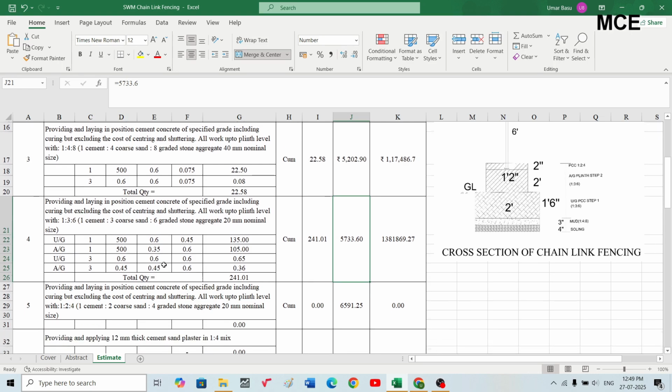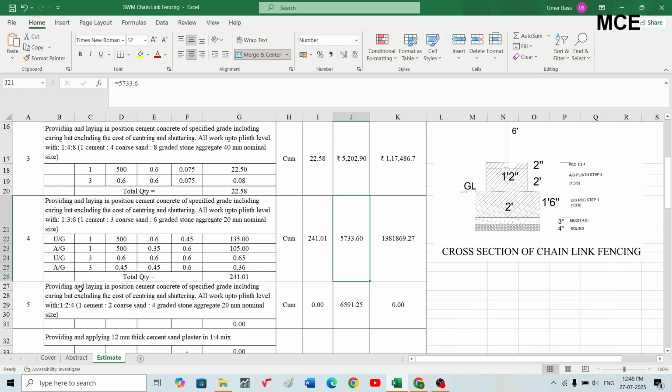The next item which I have to use is providing and laying in position cement concrete of specified grade, including curing but excluding the cost of centering and shuttering, and the mix is 1:2:4, that is 1 cement, 2 coarse sand and 4 graded stone aggregates of nominal size 20 mm. You can see in the cross section this is of thickness 2 inch.